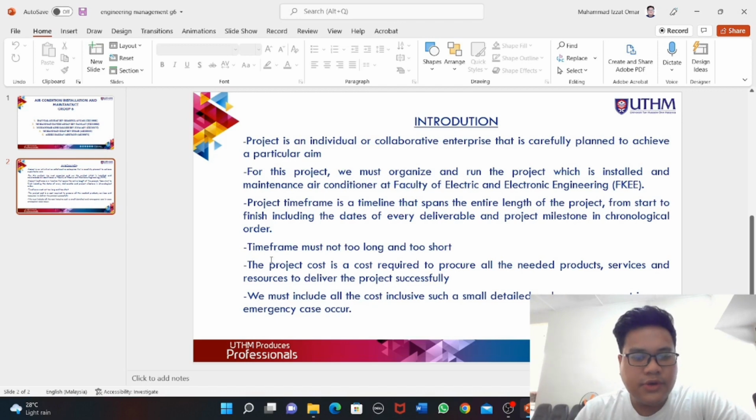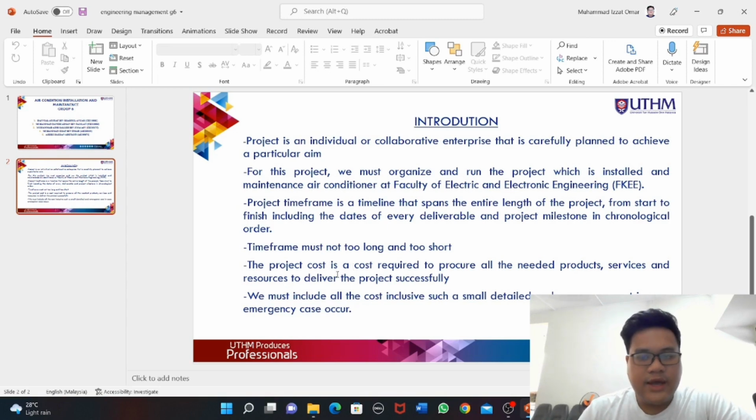Next, the project cost is the cost required to procure all the needed products, services, and resources to deliver the project successfully. So, the project cost is one of the important tools in order to make the project successfully conducted.